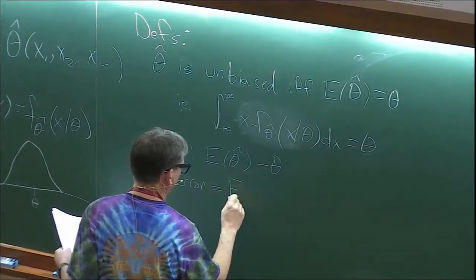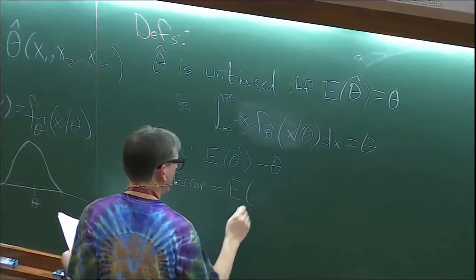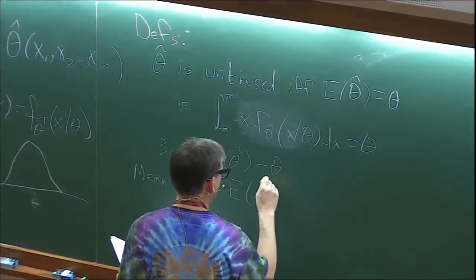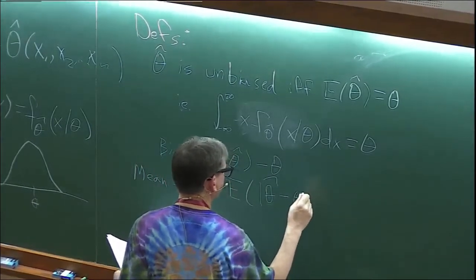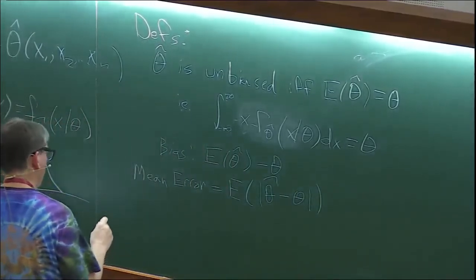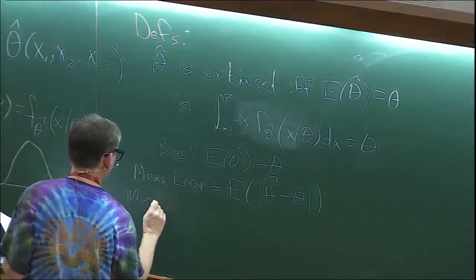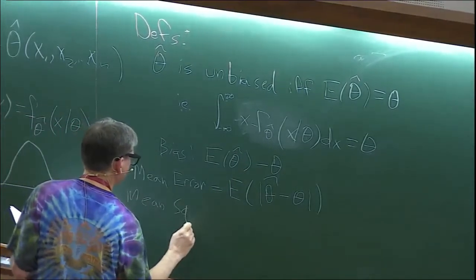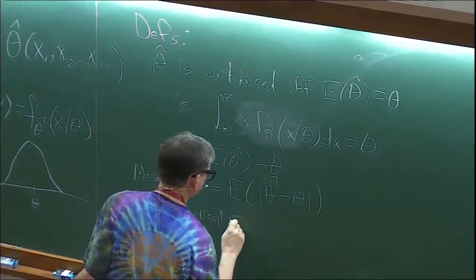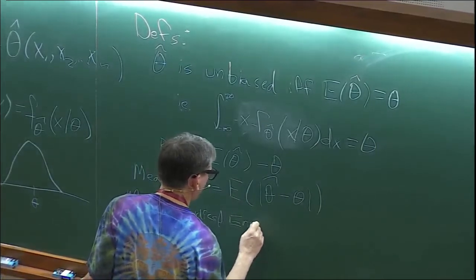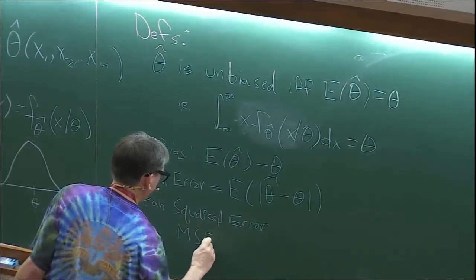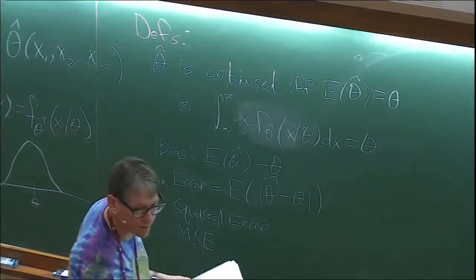You could look at the error in terms of absolute value, that would be the expectation of the absolute value of theta hat minus theta. But what turns out to be much more useful is the mean squared error. Henceforward I will always write this as the MSE, meaning mean squared error.